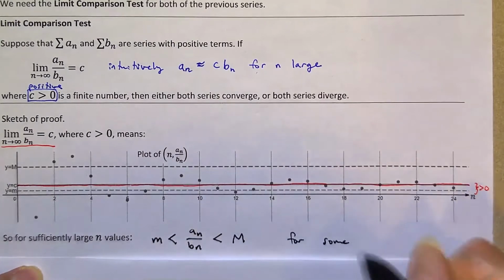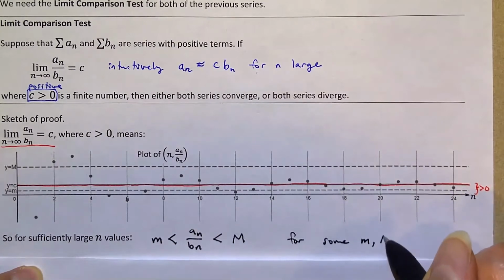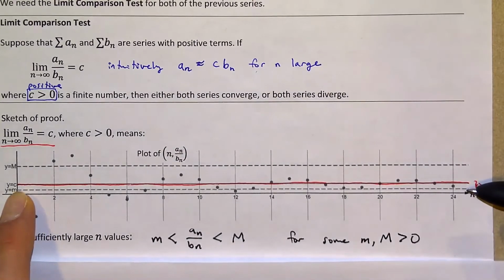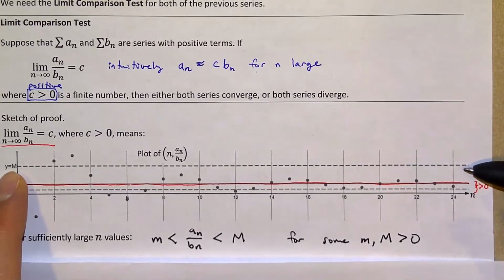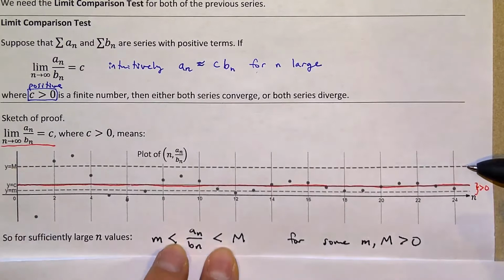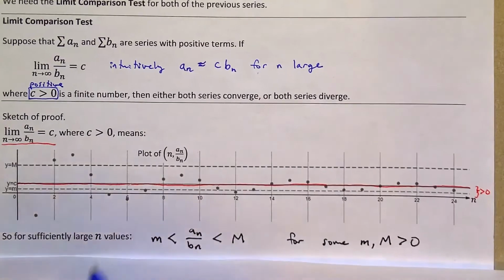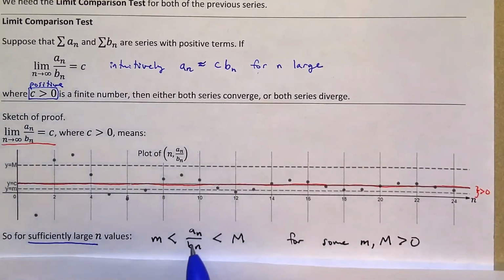And I have on the graph there examples of these positive numbers. So for example, this line, y equals little m is this dotted line, y equals this capital M is this dotted line. So this inequality means that as we get out large enough in the n values, my points should always be plotted between the two lines.